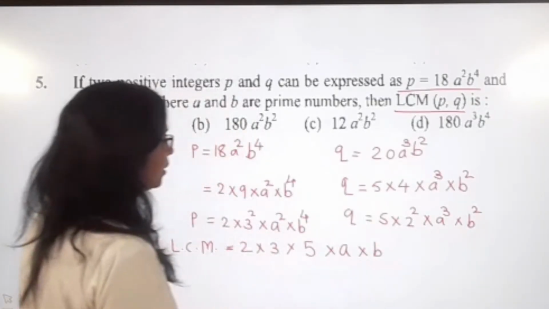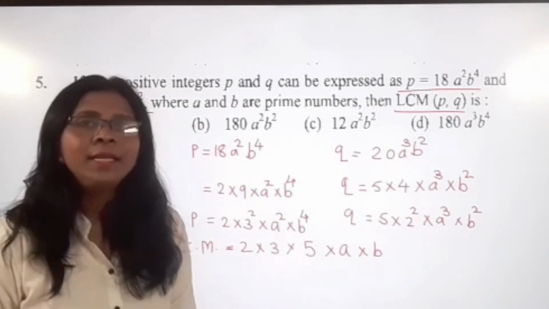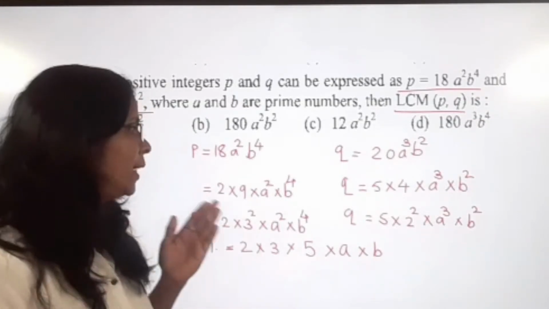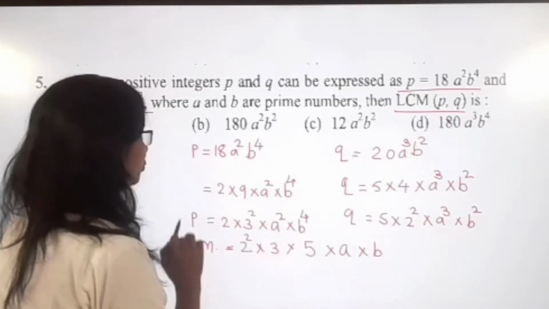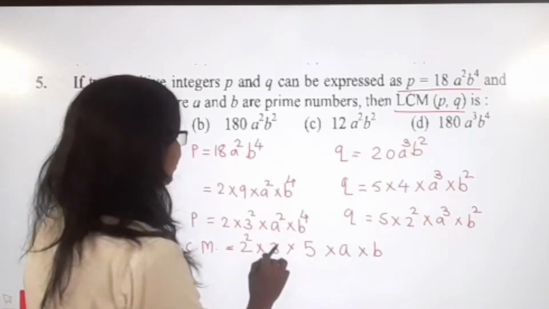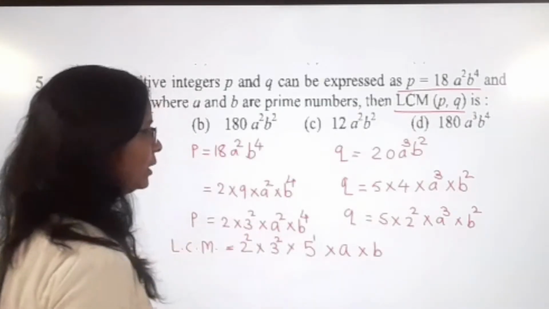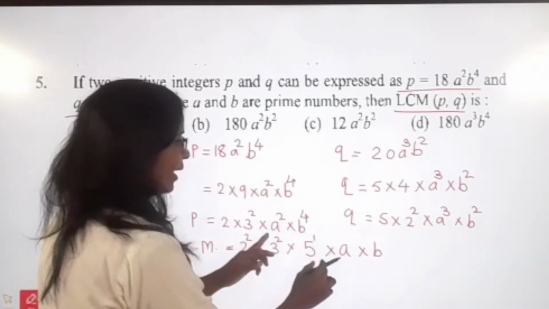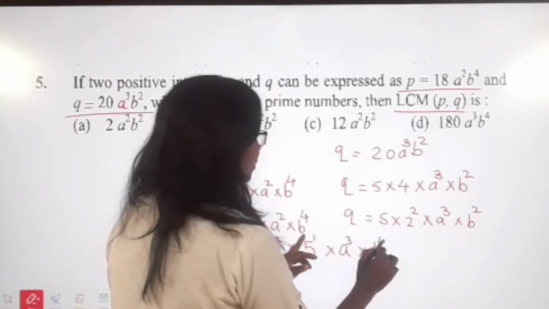Then the highest index of 2 will be 2. Highest index of 3 is 2. Highest index of 5 is 1. Highest index of a is 3. And the highest index of b is 4.